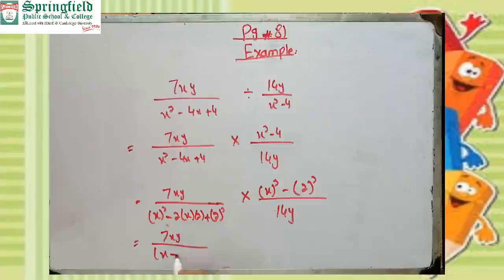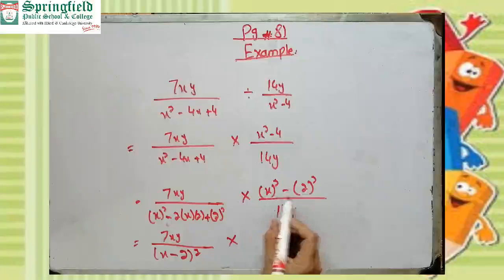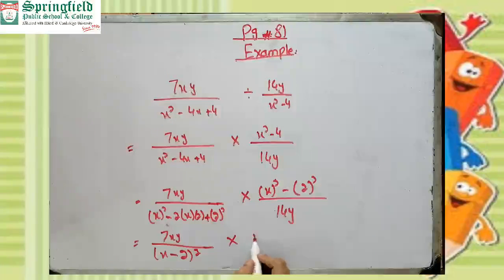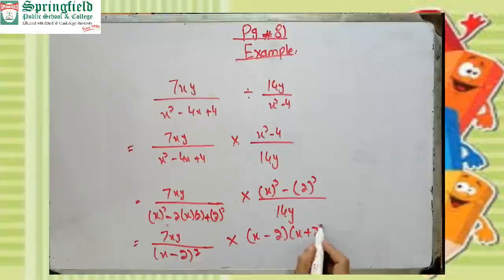Here the sign is minus, and 4 is the square of 2, so 2 times 2 is 4. It will become x minus 2 whole square, multiplied by x square minus 4, which is the square of 2, over 14y. Close the formula: a square minus 2ab plus b square is a minus b whole square. And a square minus b square is equal to a minus b times a plus b. Open the formula.